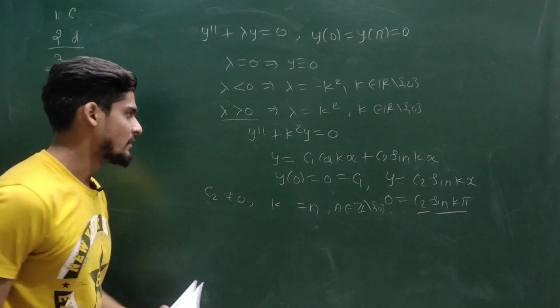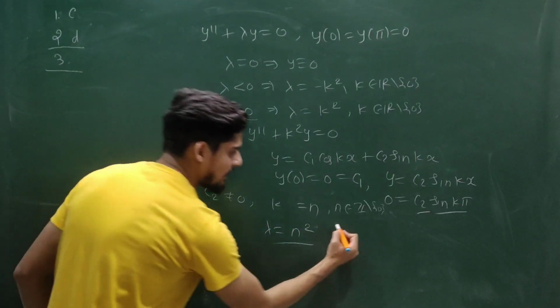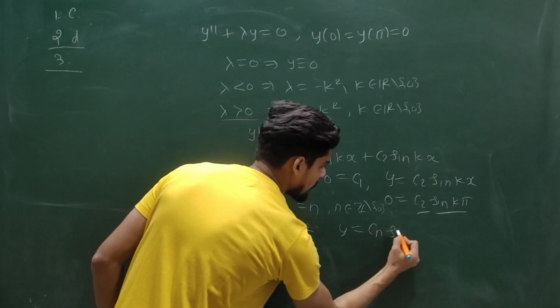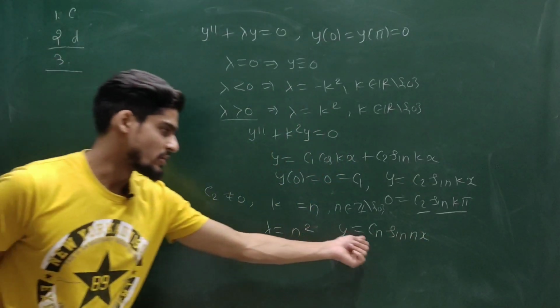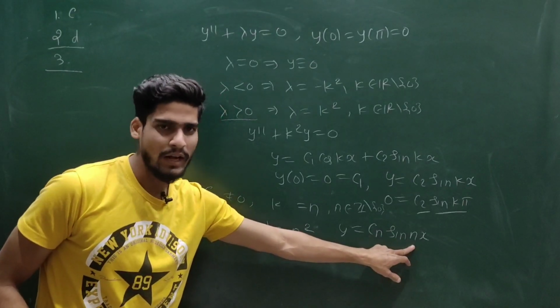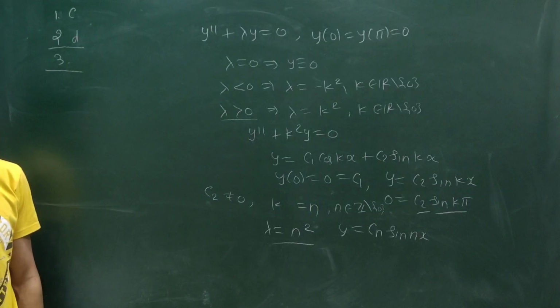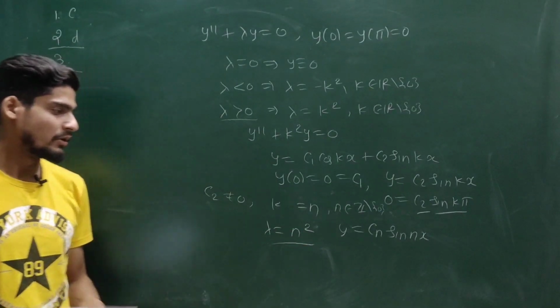But when k is n, you can have this lambda to be n square, and solution Cn sin nx, because I am assuming this constant is varying according to n. So lambda is equal to n square is an eigenvalue.